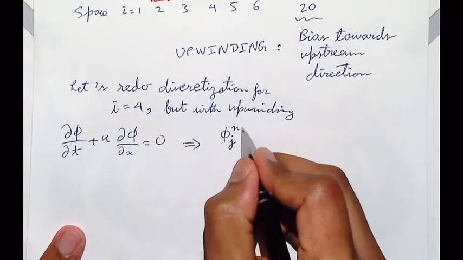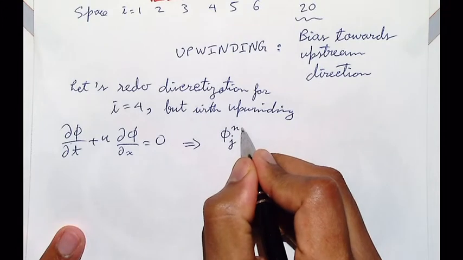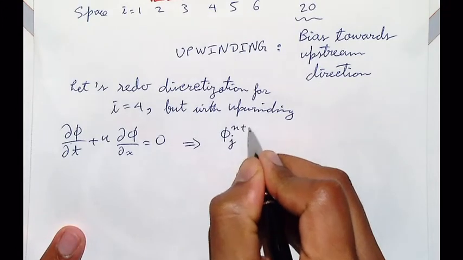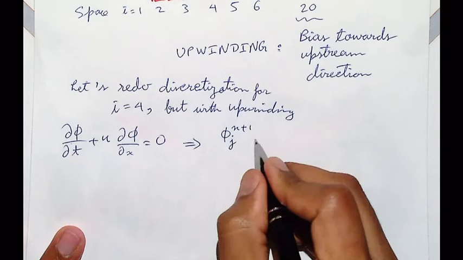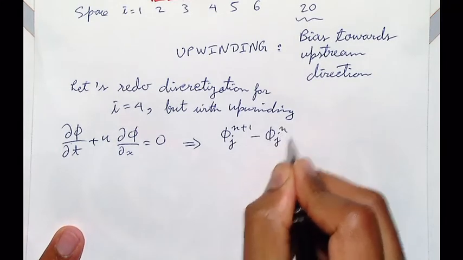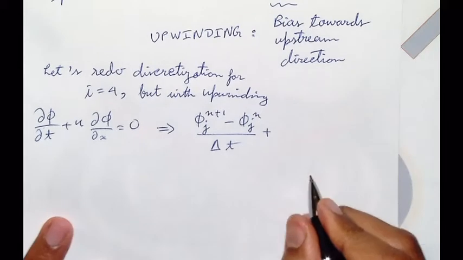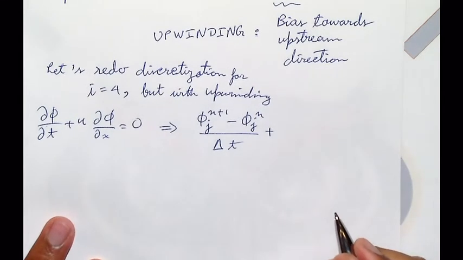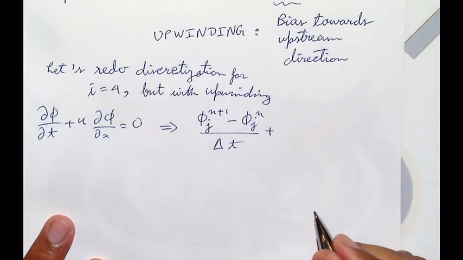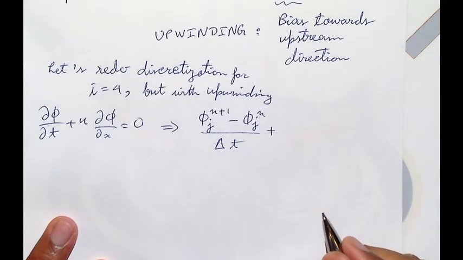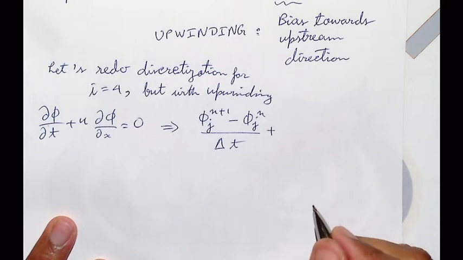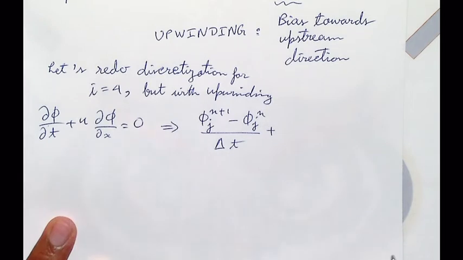All right. Minus 1, plus 1 for the right. We're still using a fully explicit scheme, just with upwinding for the space derivative.